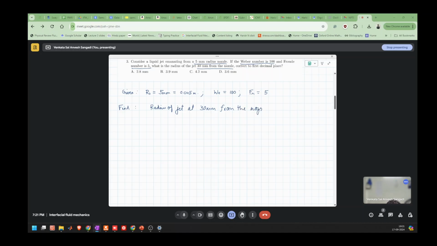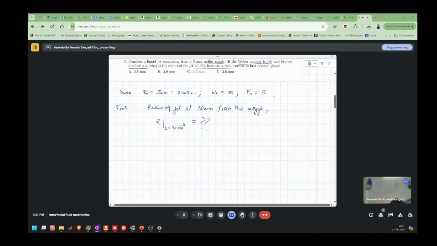That is, r at Z equal to 30 into 10 to the power minus 3 meter.